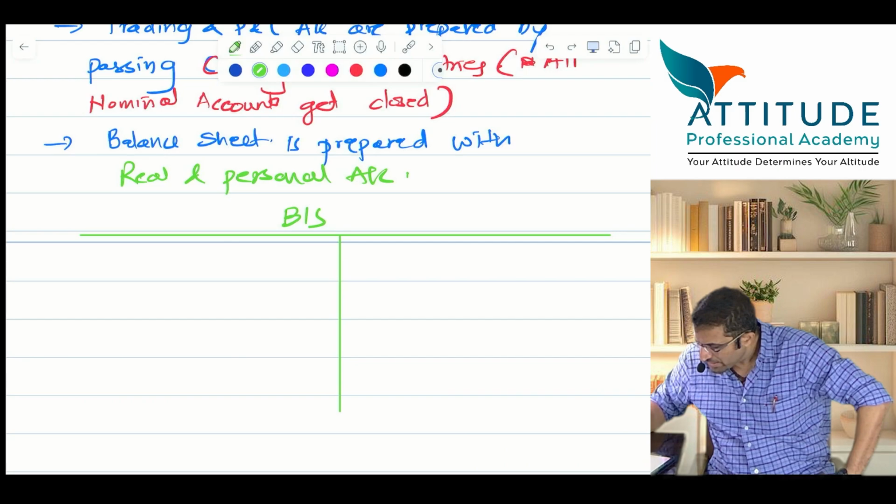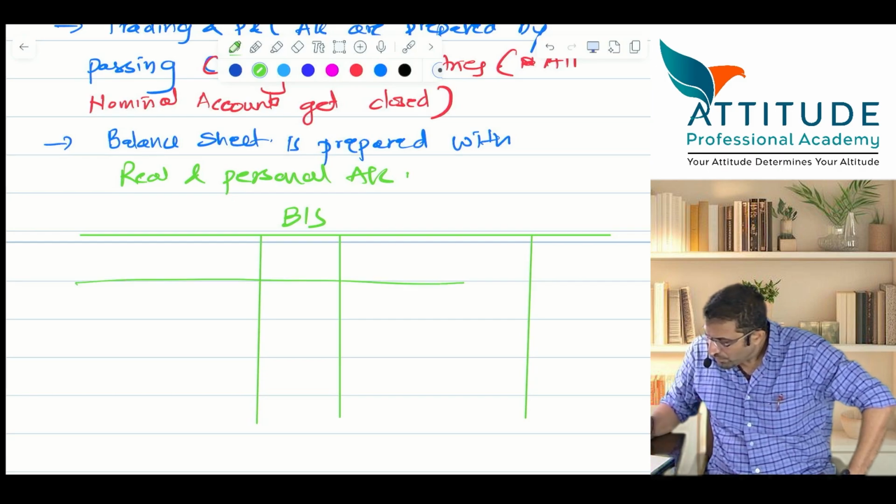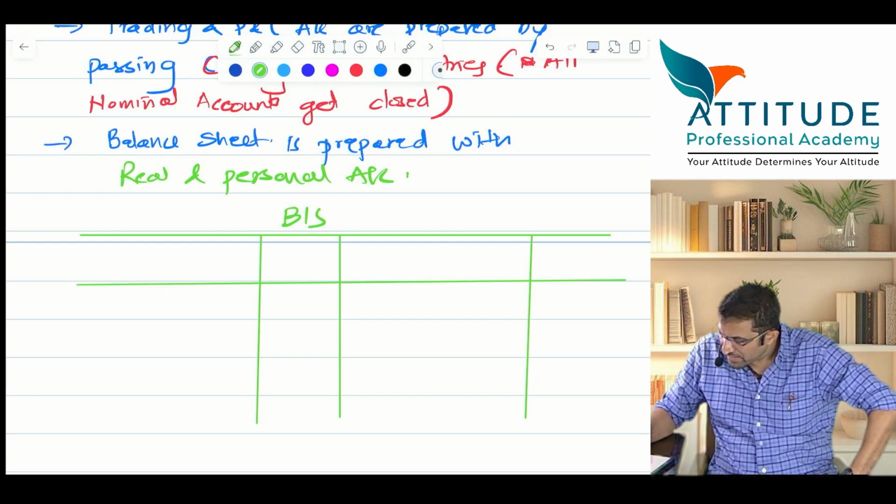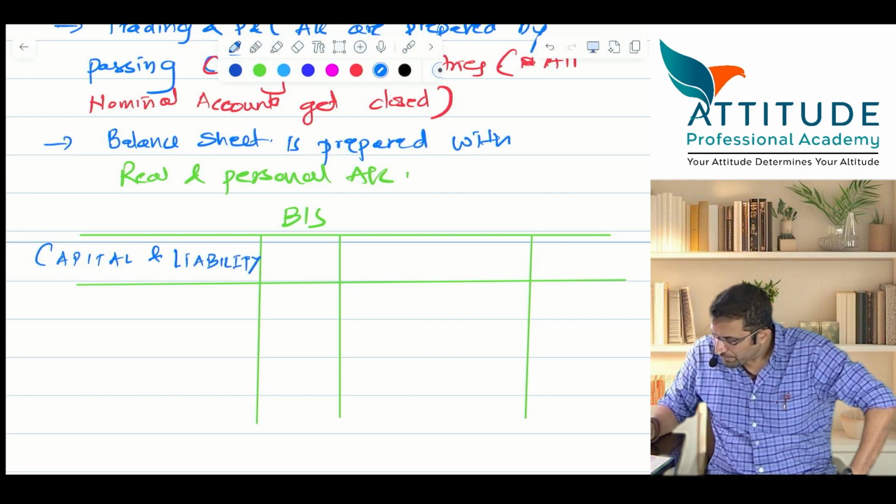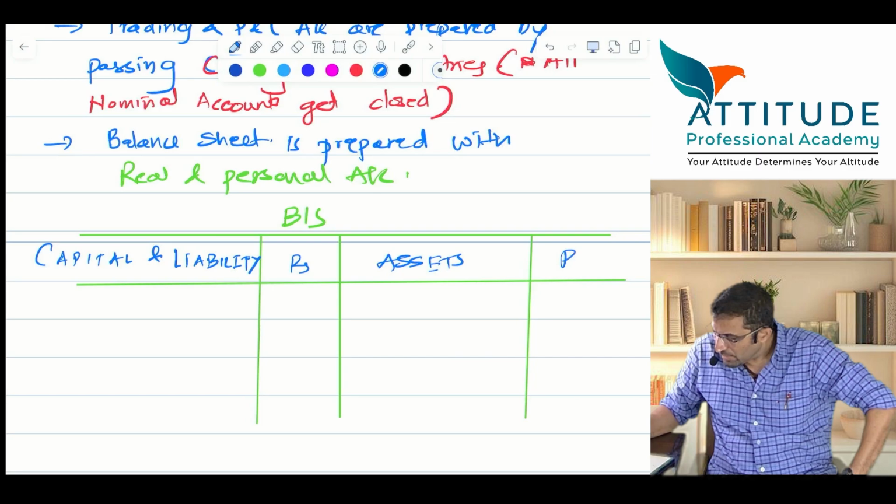If you see your balance sheet, tell me, what all do you have? Capital and liability, isn't it? Then assets, amount.